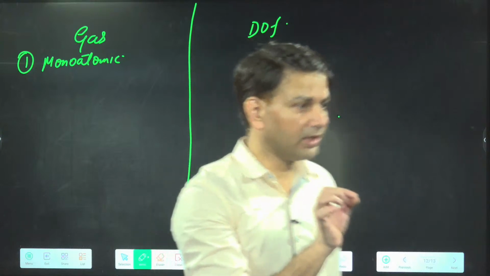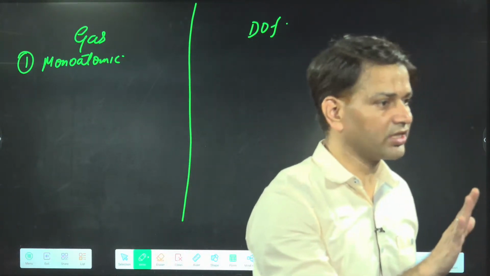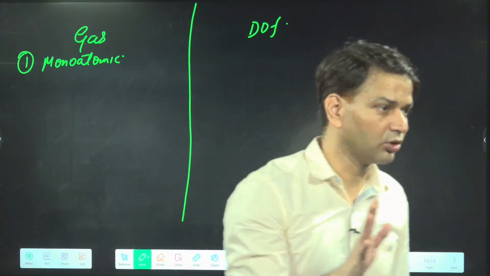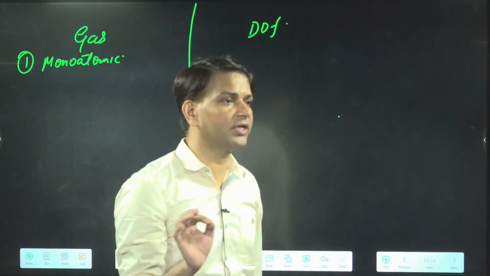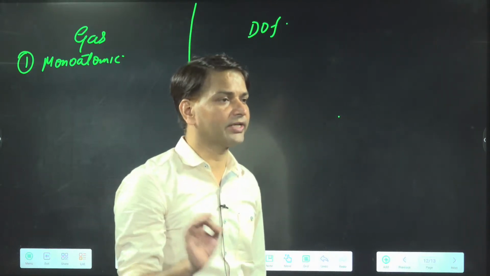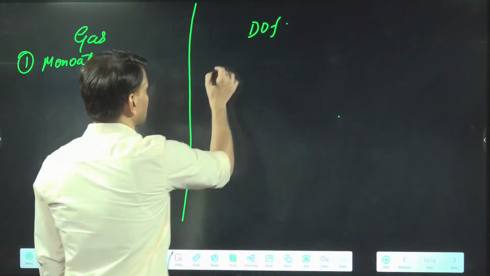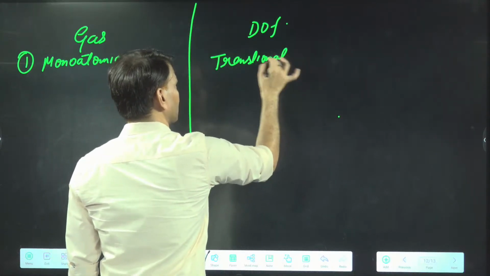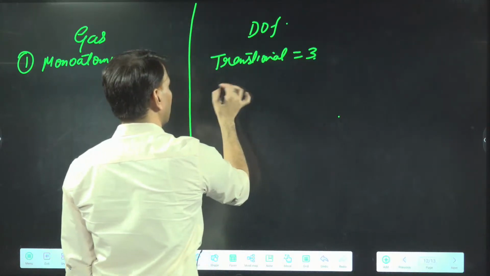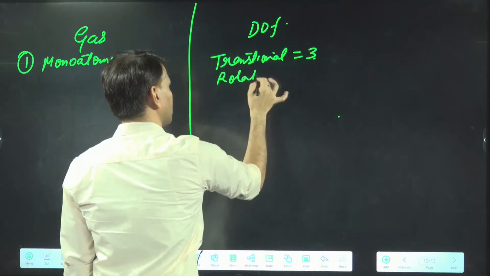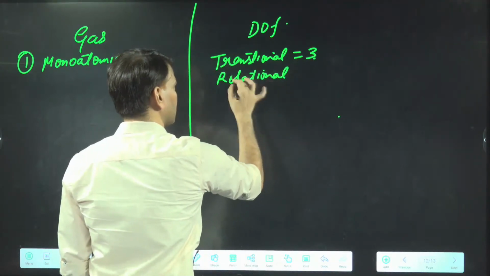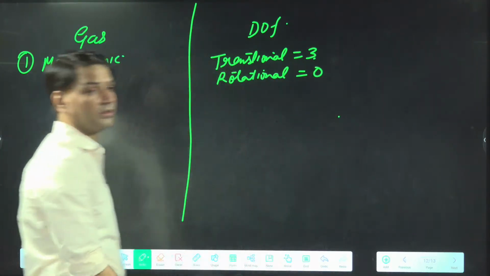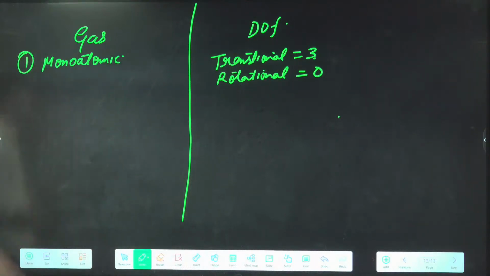So when it is monatomic, there is no meaning of a rotational degree of freedom. So a point can only translate. So translational is equal to 3 and rotational will be 0. Vibration we have to consider at high temperature.